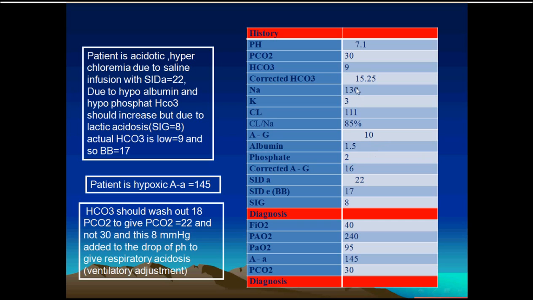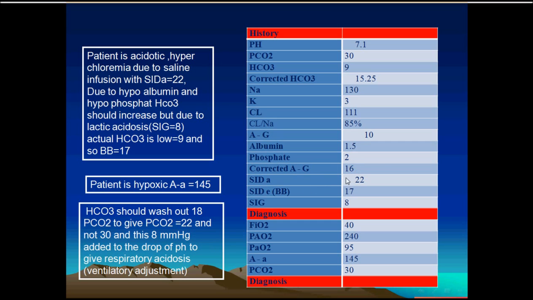In addition to this, what is the corrected anion gap? Corrected anion gap is the anion gap plus the difference. Here the albumin, 3.5 minus 1.5, multiplied by 2.5 gives you 6, and the corrected anion gap is 16.